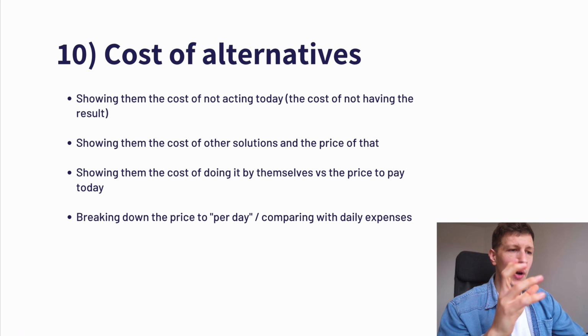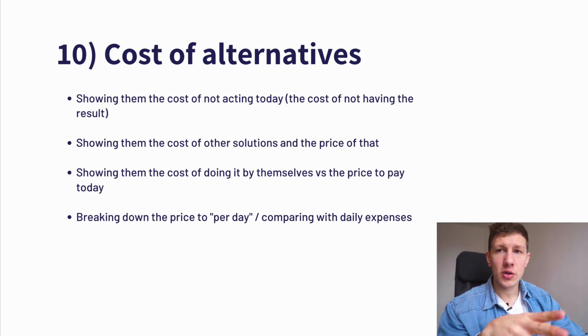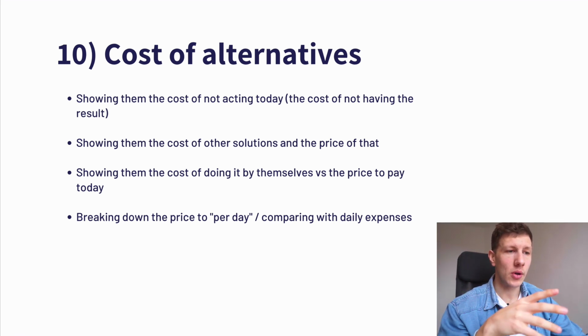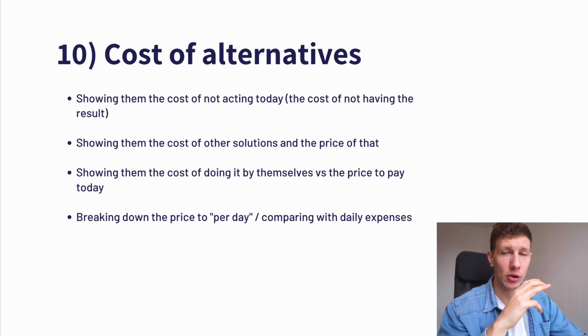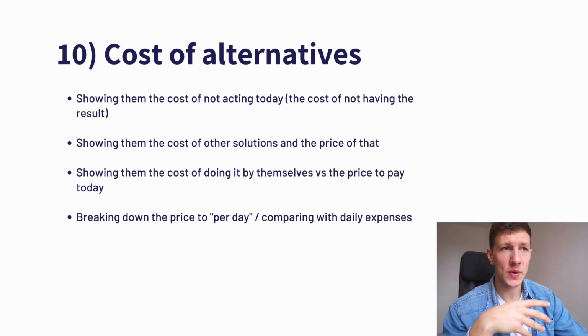Now, the cost of the alternatives is to show them the cost of other traditional solutions and the price of that, because that's really powerful, because then you can compare the price of your course to that. For example, one I was using in the music production niche. My course was teaching people how to become a professional producer and make music on your computer.